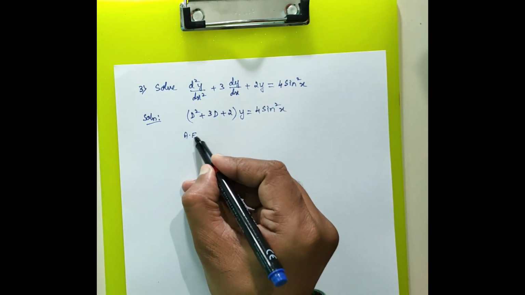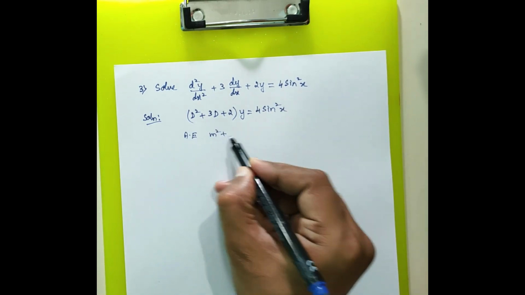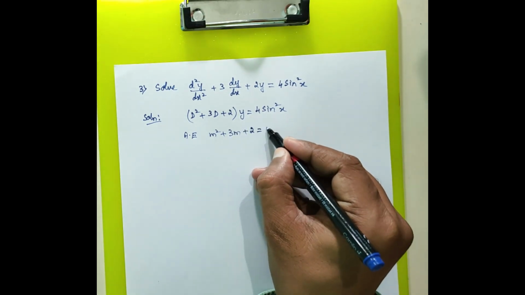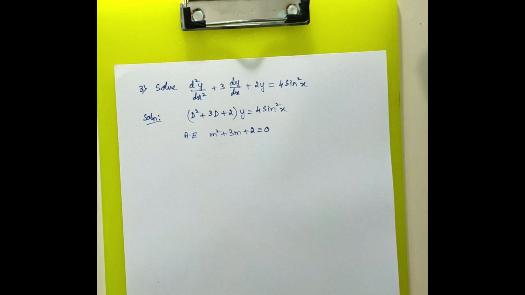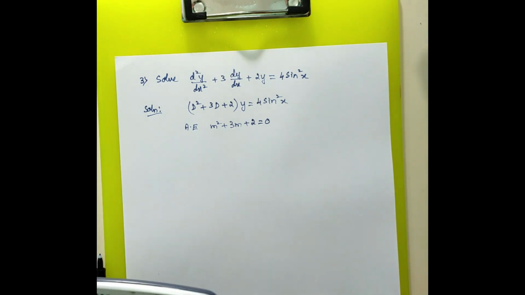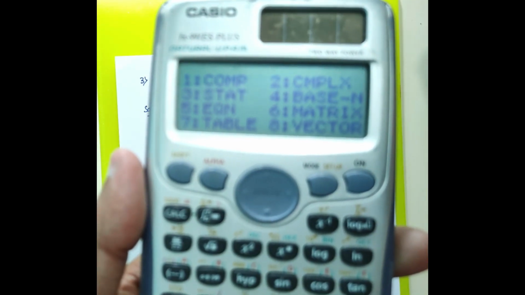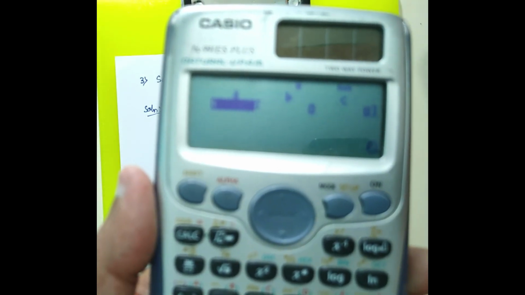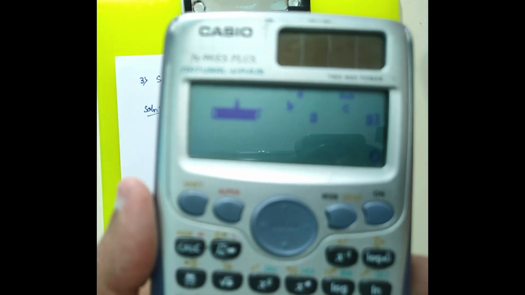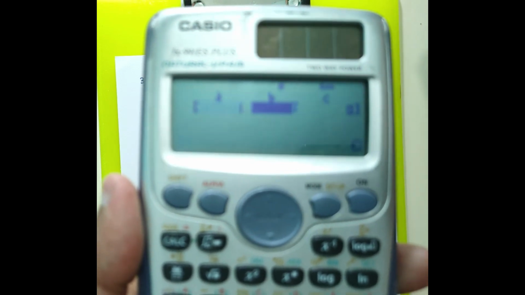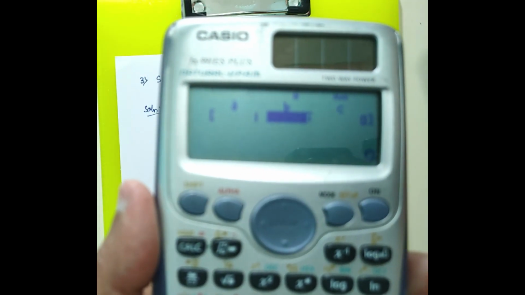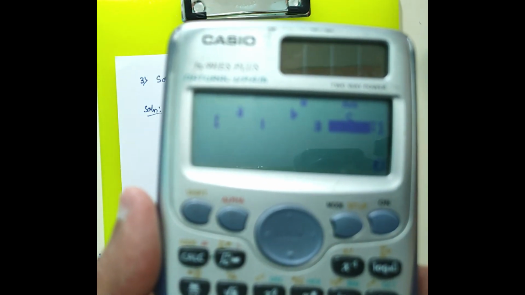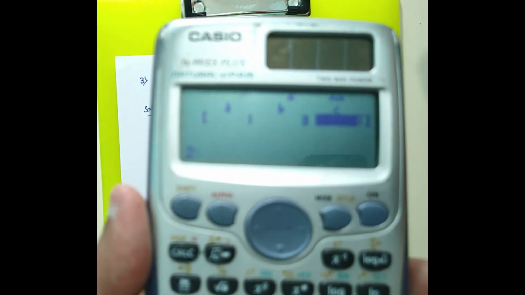The auxiliary equation will be m square plus 3 times m plus 2 is equal to 0. Let us try to find the roots. Once again, go for mode equation. In option number 3, the m square coefficient is 1, the m coefficient is 3, and the constant term is 2.